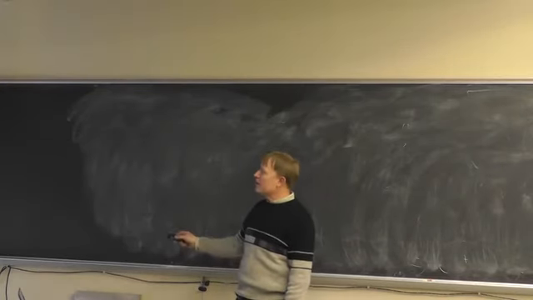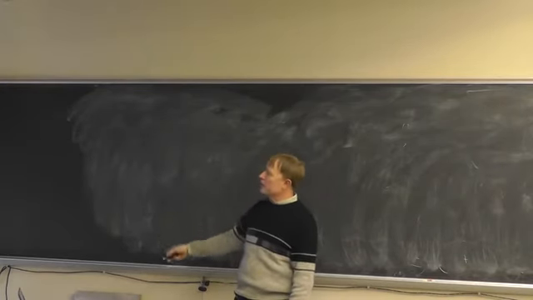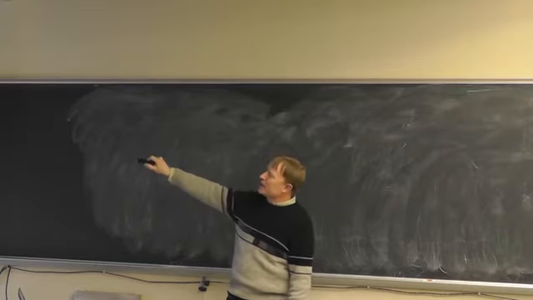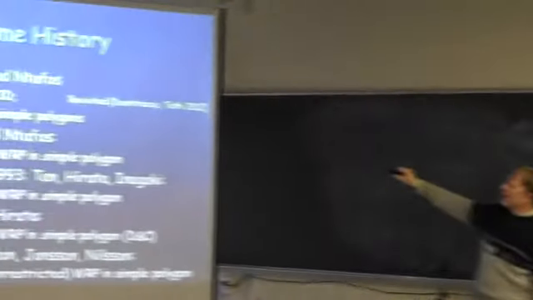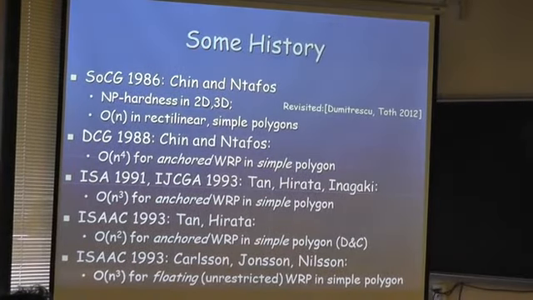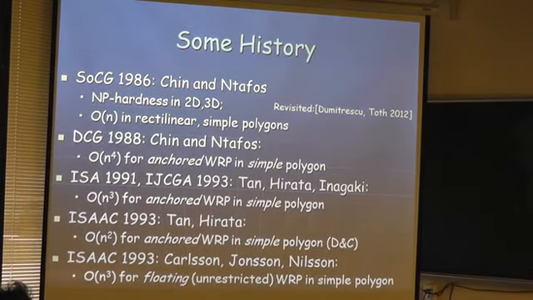There's a long history. If I were going to a computational geometry audience, I might go through all of this. But it started in 1986 with some work on Watchman route. This is just a subset of the papers on it. I should say that results were published in the leading journals like Discrete and Computational Geometry.